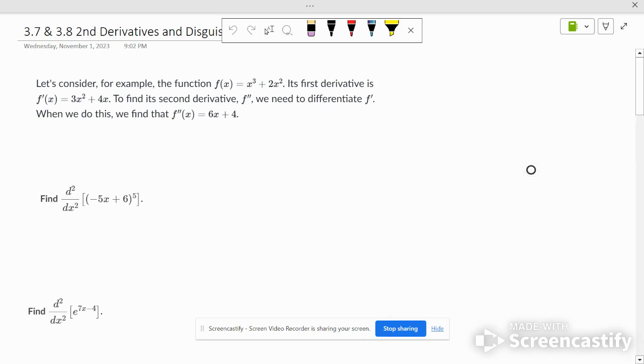Okay, what we're doing today is we're going to work with second derivatives. Second derivatives, at the very basis of them, are super easy. So, as in this example up here, if I start out with x cubed plus 2x squared, and this is f of x, the first derivative would be 3x squared plus 4x.